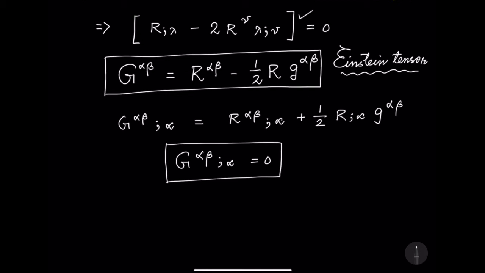Now, if you look at the construction of the Einstein tensor, you see that I have R alpha beta, and remember that R is symmetric. I have G alpha beta, which is also symmetric. So this is a symmetric second rank tensor. In general, it has 10 independent components.